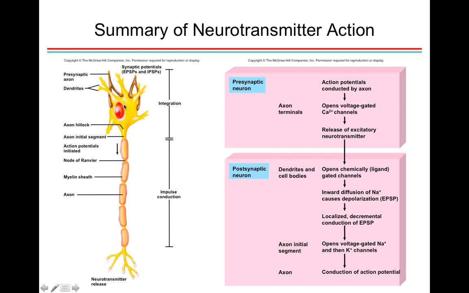Now, just to show you the cartoon of this, you have the cell body and some dendrites, and the presynaptic axon is going to be releasing neurotransmitter that the second nerve cell, the postsynaptic nerve cell, is going to pick up. In the postsynaptic cell, there are going to be chemically gated, not voltage-gated, sodium ion channels that will open, and the neurotransmitter is going to open those channels, allowing sodium to rush in.